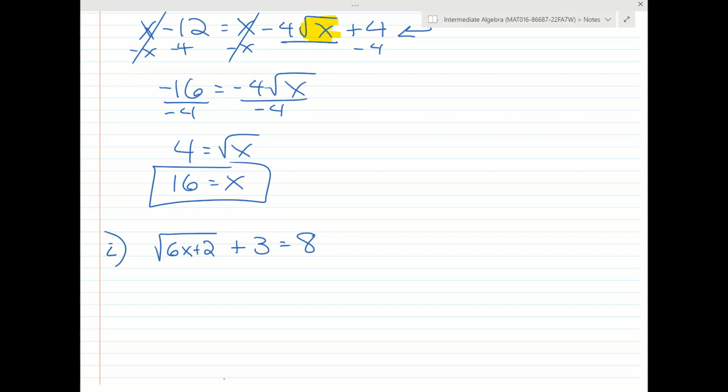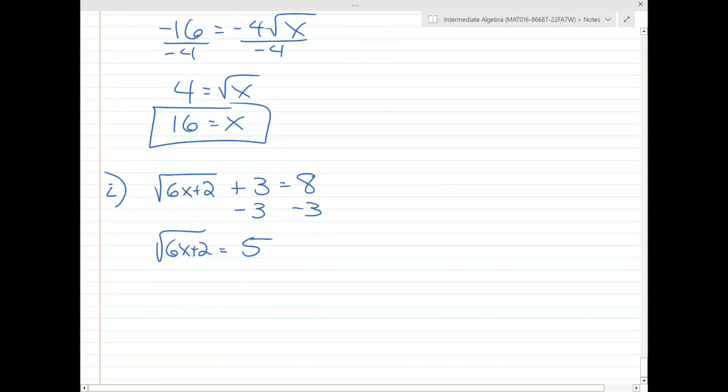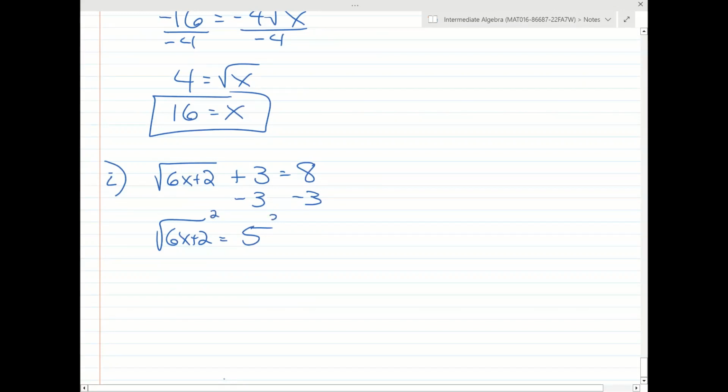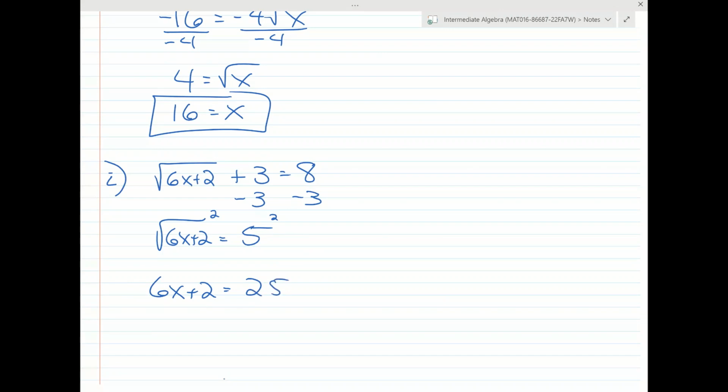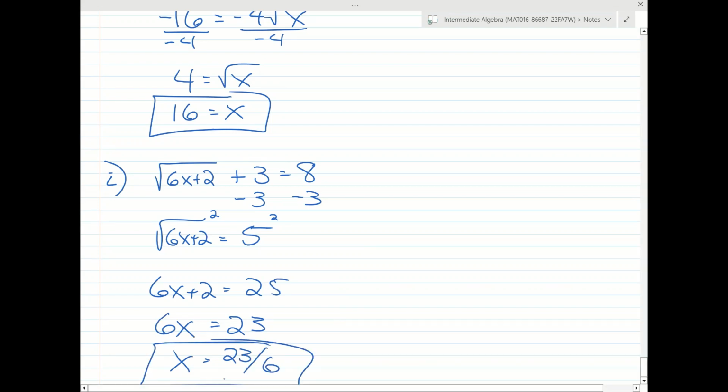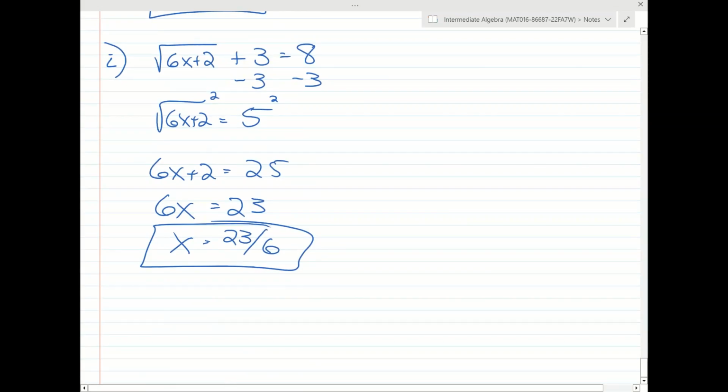All right, so just like before, we'll get the square root by itself. We get the square root of 6x plus 2 is equal to 5. And then we can square both sides. And 6x plus 2 is equal to 25. Subtracting 2 and dividing by 6 gives us 23 over 6.